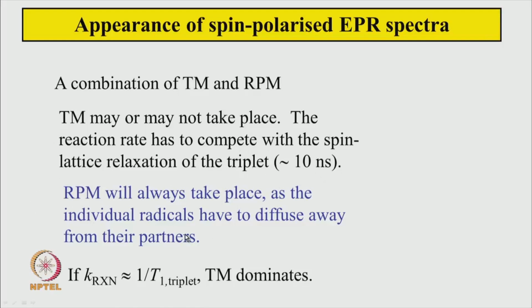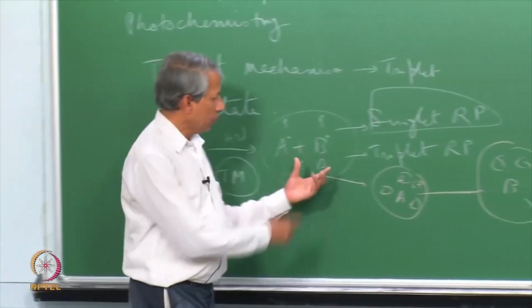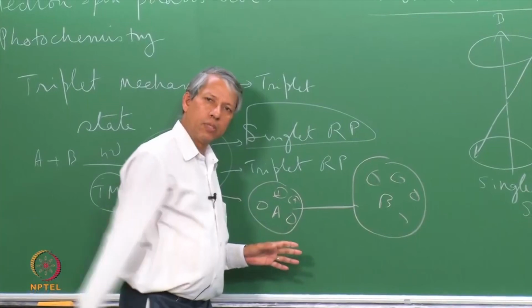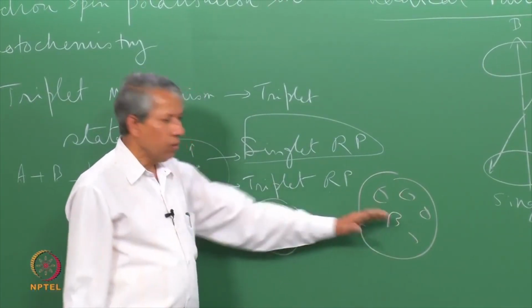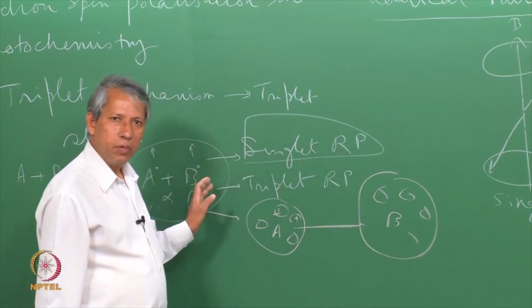The radical pair mechanism will always take place, as the individual radicals have to diffuse away from their partners. Geminate radical pairs are created and have to diffuse away from each other, whether the triplet or the singlet state reacts. So RPM will always take place, while TM may or may not.